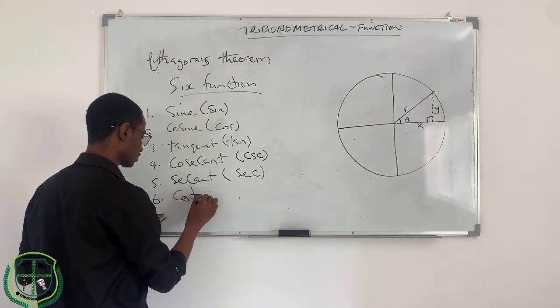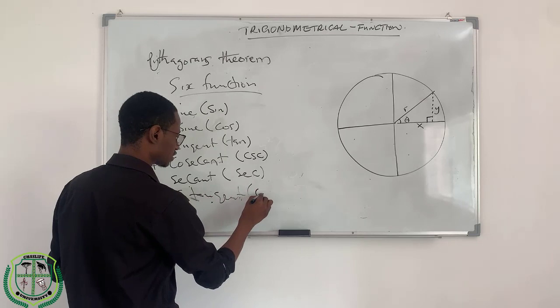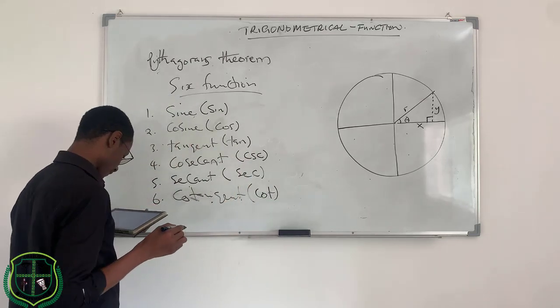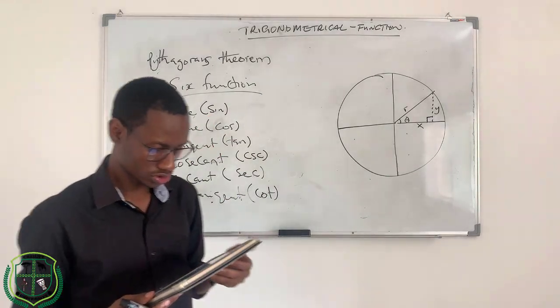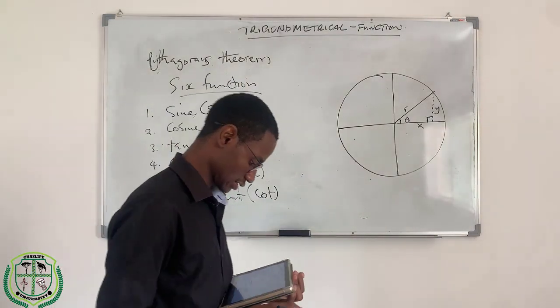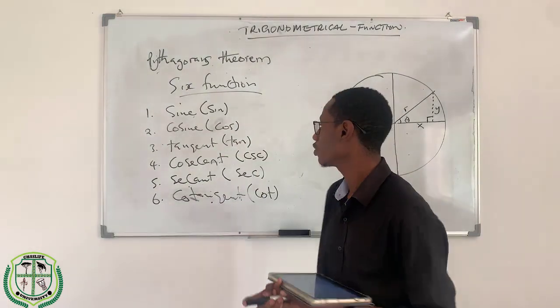Then cotangent, which is written as cot. So these are the 6 trigonometrical functions that we'll be able to build.